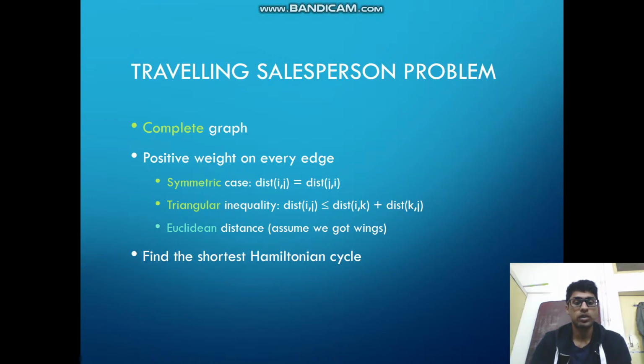And also we have the triangular inequality, which means the distance between ij is less than or equal to the distance between ik plus the distance between kj. And also the distance between any two nodes or cities would be the Euclidean distance that we will consider. So that means we can fly from one city to another, and we have to find the shortest Hamiltonian cycle.